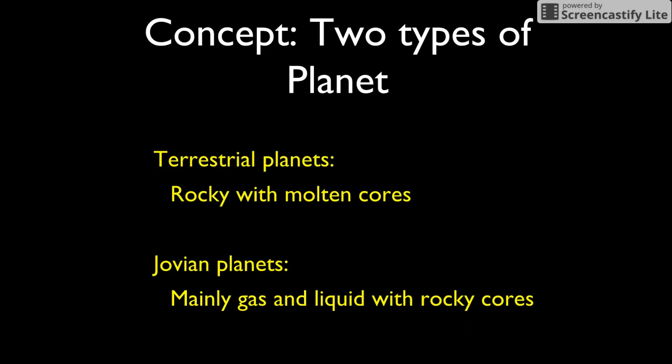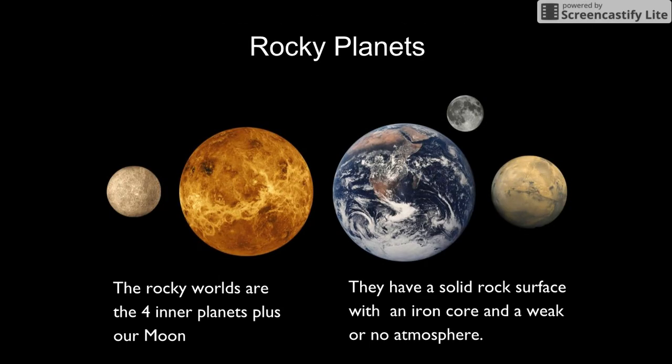Another concept is the 2 types of planets in our solar system. We have terrestrial, which is rocky with molten cores, and then we have Jovian, which are mainly gas and liquid with rocky cores. The rocky planets, which are the 4 closest to the sun, are the inner planets, and they have solid rock surfaces and an iron core.